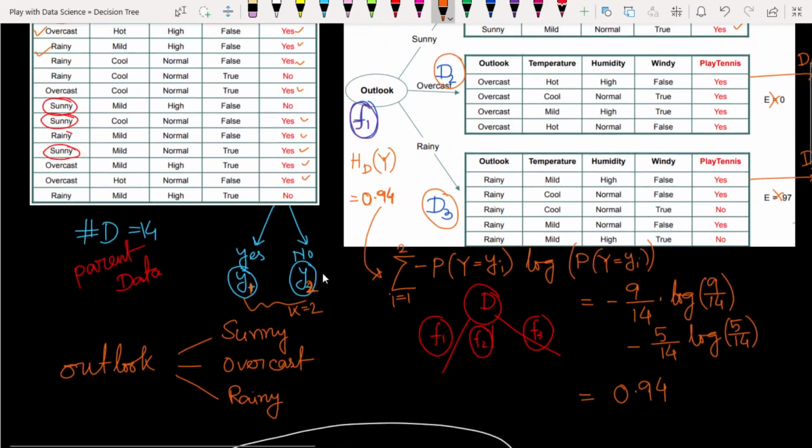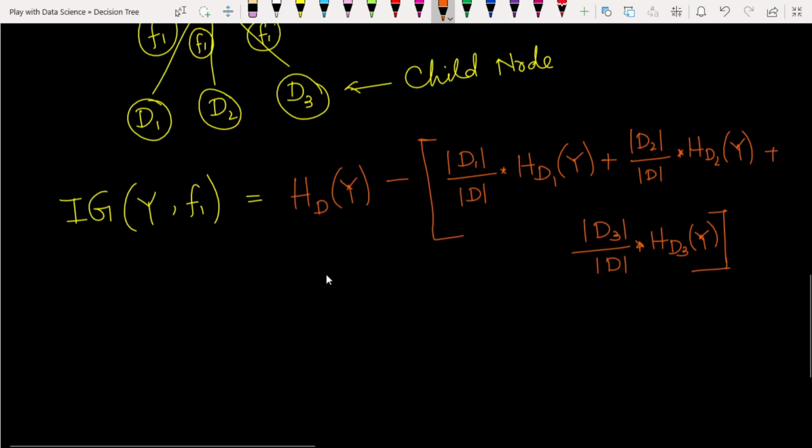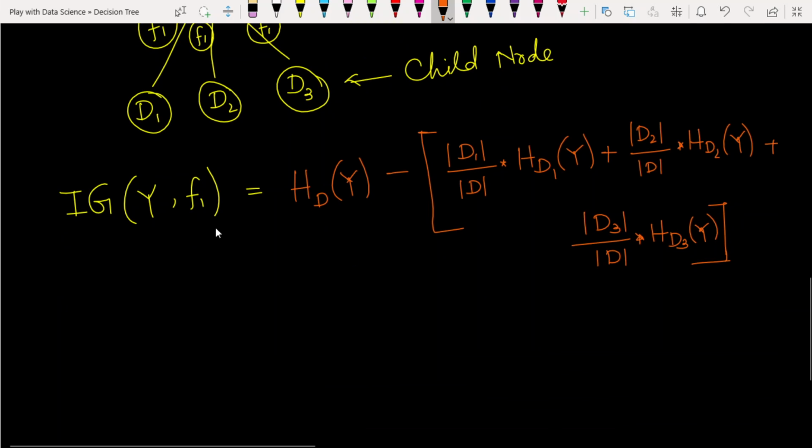This is the general formula for this example. We divide the nodes D1, D2, D3 according to the feature f1. Okay, this is the simple formula.